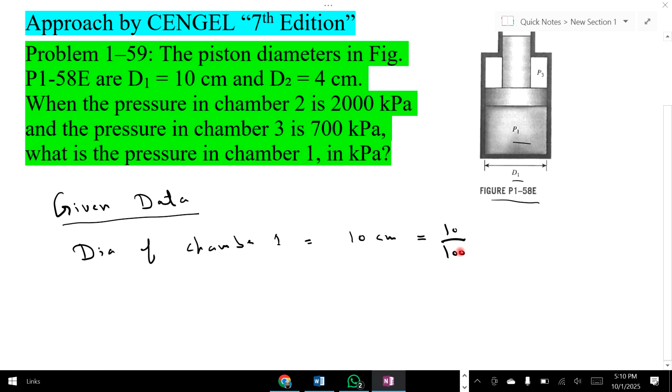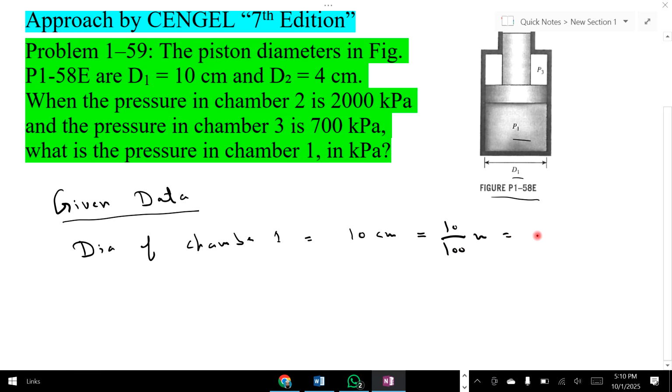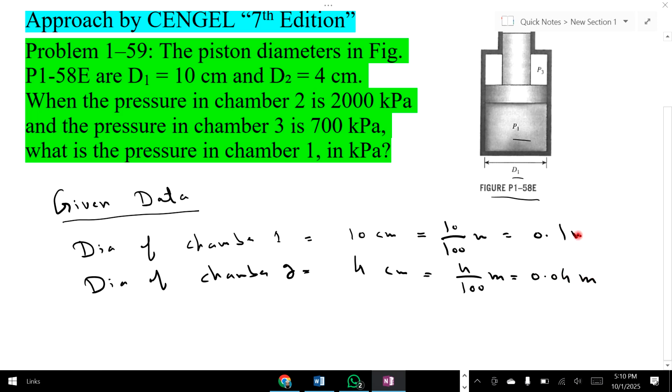So 10 divided by 100 meter, which is equal to 0.1 meter, and the diameter of chamber 2 is equal to 4 centimeter. Convert this into meter, which will be equal to 4 divided by 100 meter, which is equal to 0.04 meter.